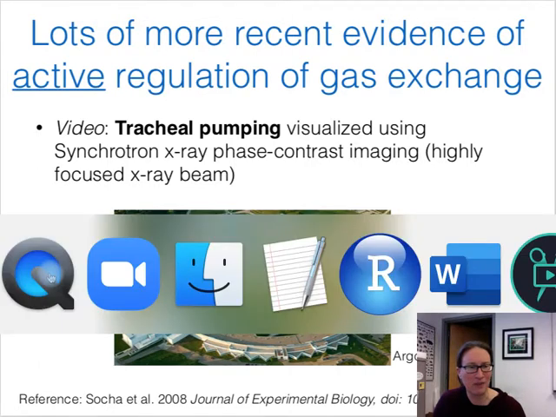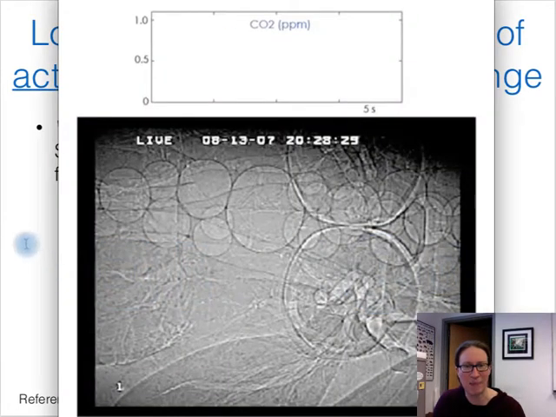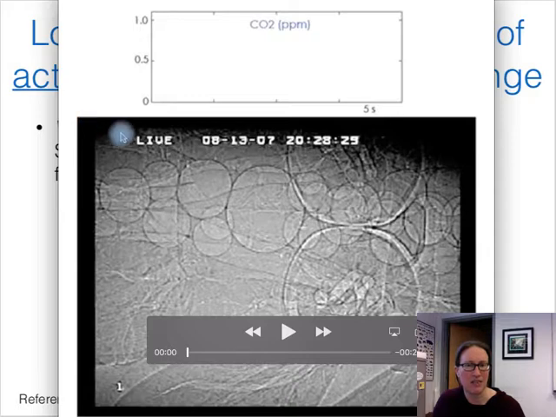And I think it's kind of powerful to see this as it happens. So here is a short video clip that's going to show us tracheal pumping, and then it's also going to show us carbon dioxide production coinciding with the cycles of tracheal pumping in this insect.